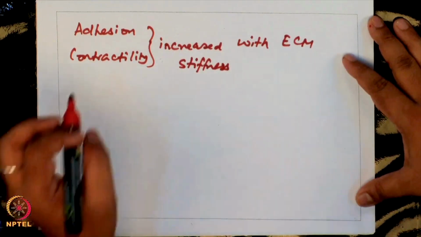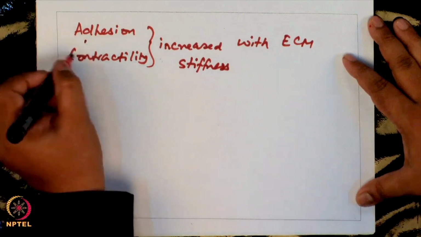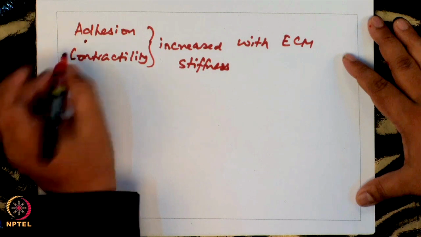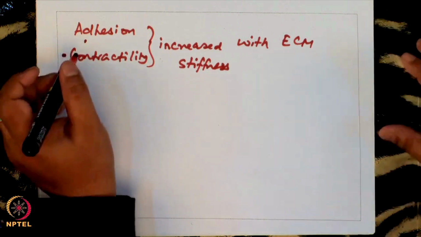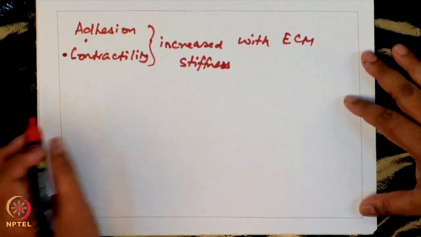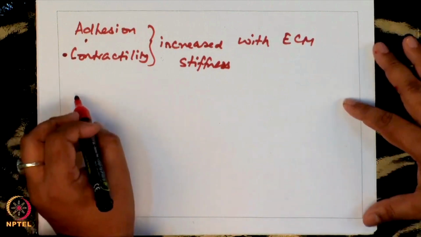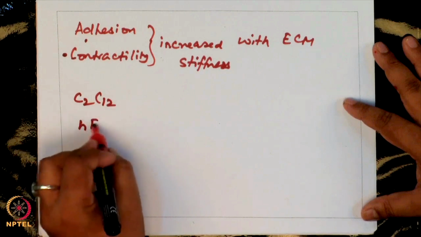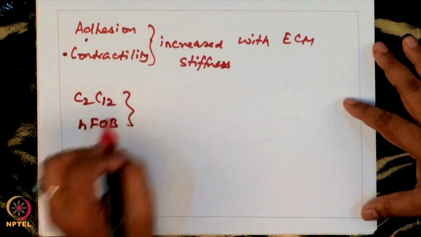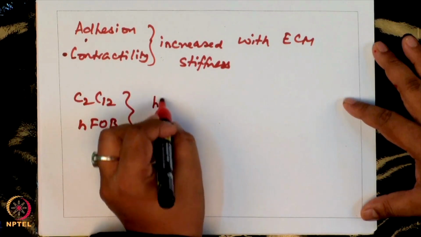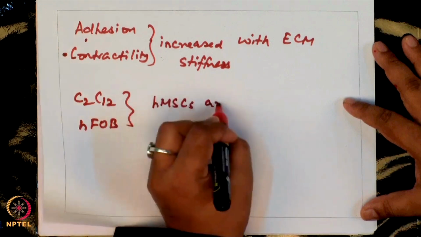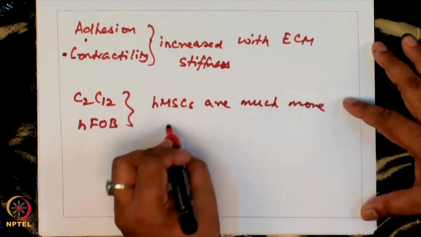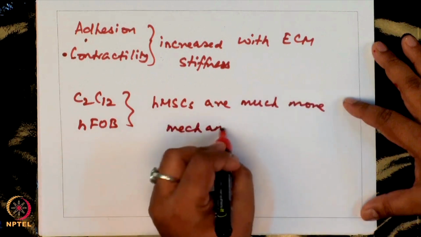So, you see stronger adhesions, and stronger adhesions are required to stabilize stronger contractile forces exerted by the cells. What the authors also observed was that in comparison to mature cells like C2C12 or HFOB, which are muscle cells and osteoblasts, stem cells, HMSCs, are much more mechanosensitive.